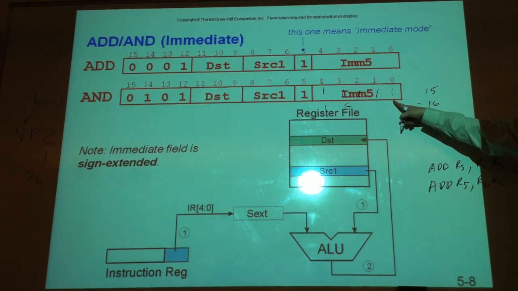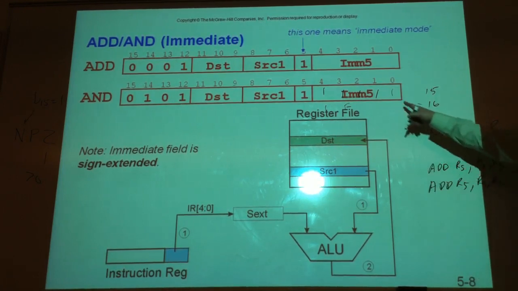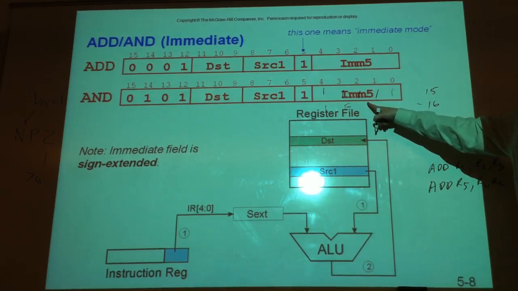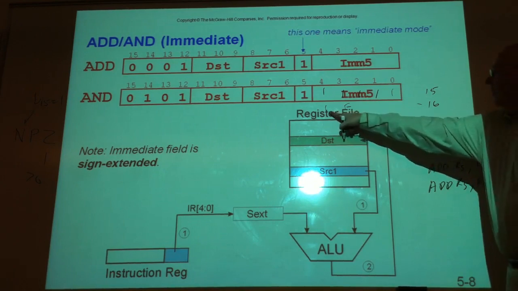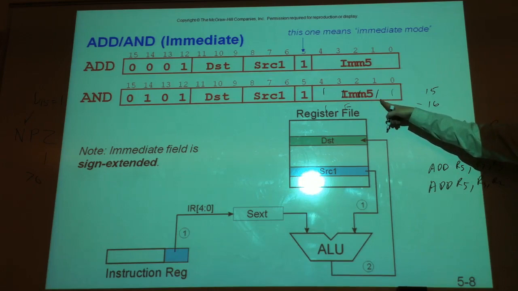F is 15, but 1F is negative 1. You're saying 1 and F. I thought you were saying a single F. No, 1F, right here, 5 bits. Does everybody see why that's a negative 1?